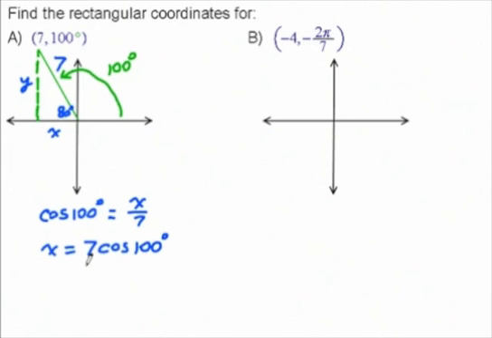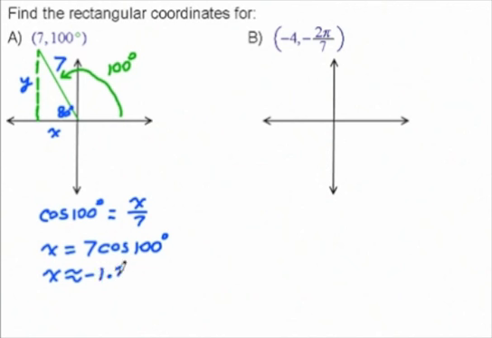And then you don't have to worry about anything else. So 7 times cosine of 100 is negative 1.2.